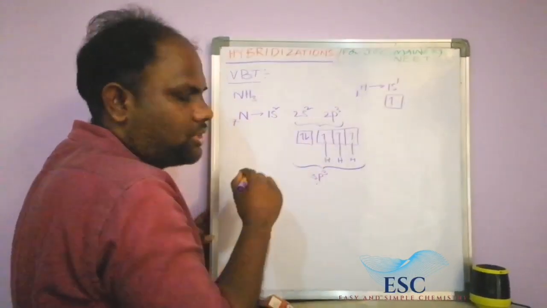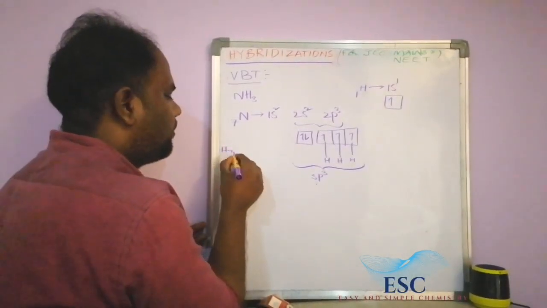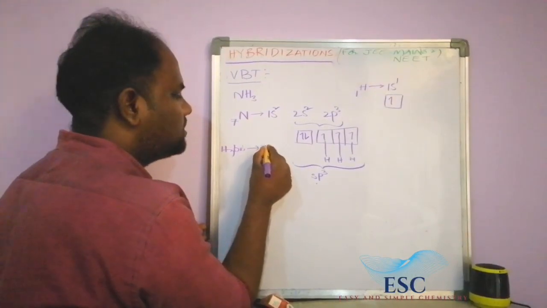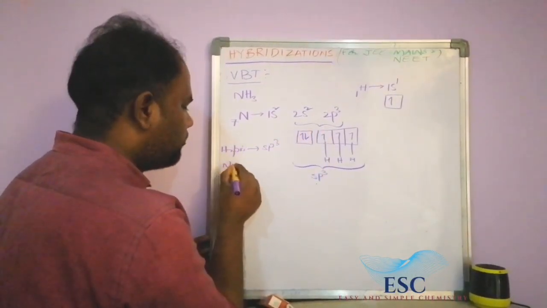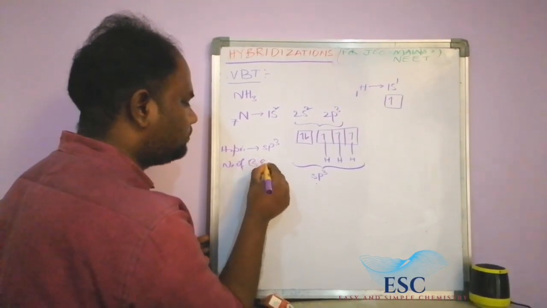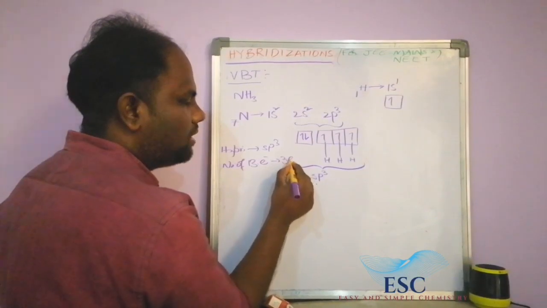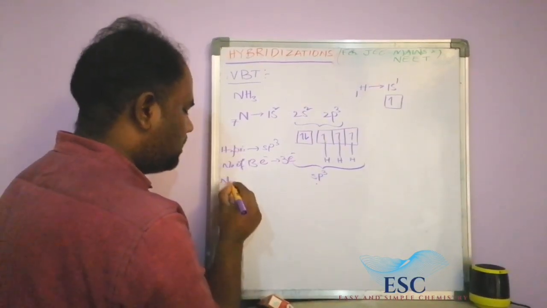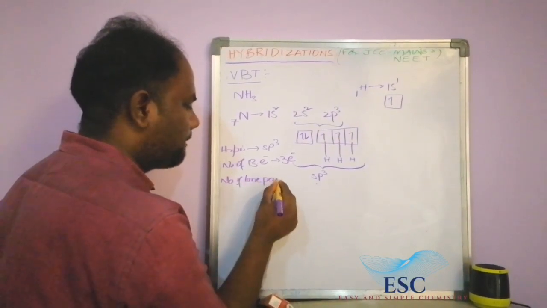Now, what is the hybridization? sp3 hybridization. Now, write the data. Hybridization means sp3 hybridization. Then number of bonding electrons: these 3 belong to the bonding electrons. Then number of lone pairs of electrons.